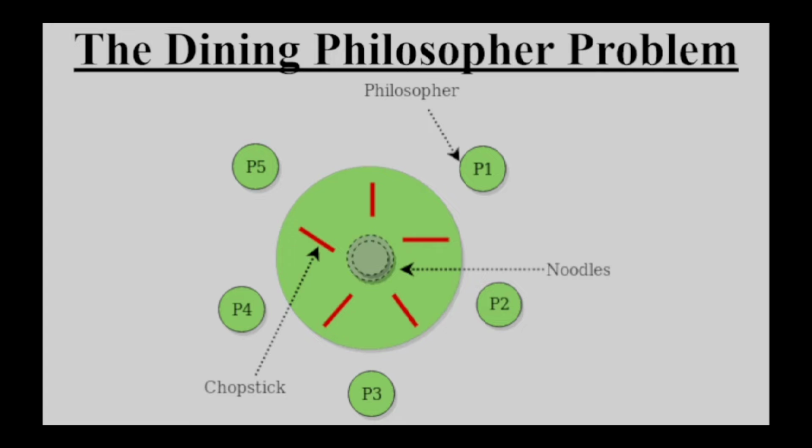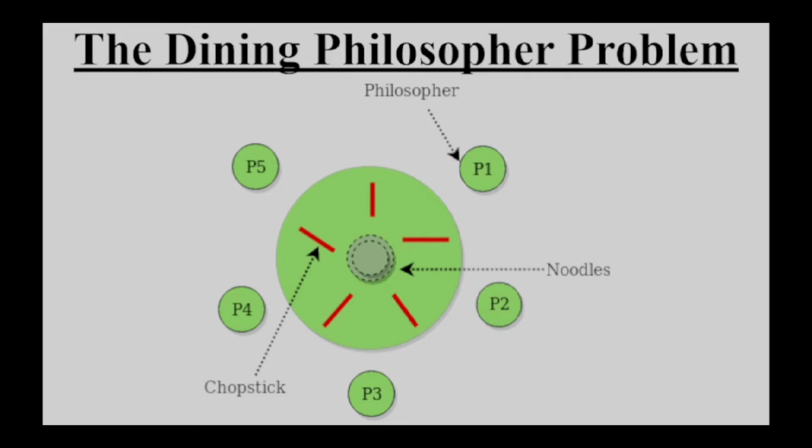A philosopher may eat if he can pick up the two chopsticks adjacent to him. One chopstick may be picked up by any one of its adjacent philosophers, but not both.